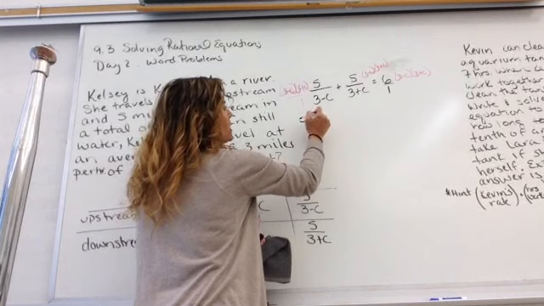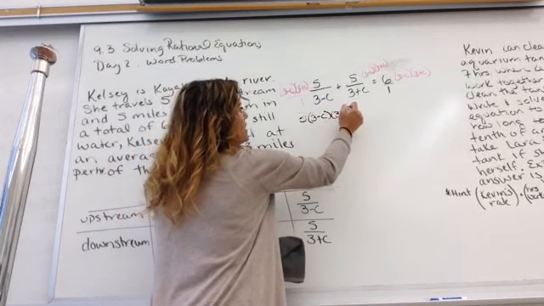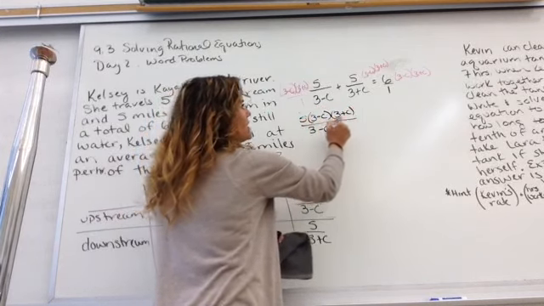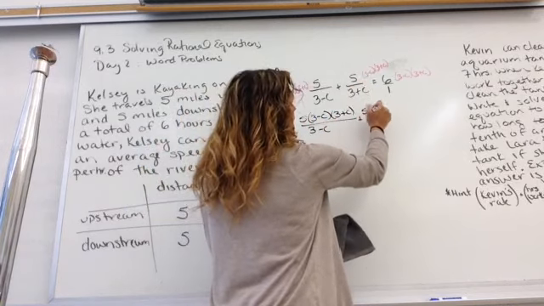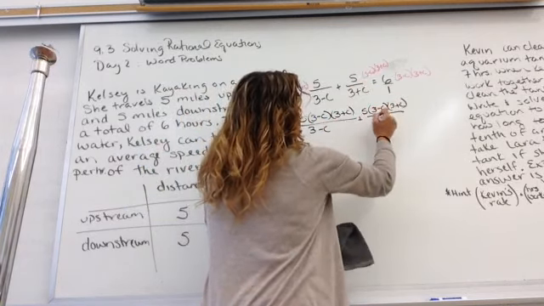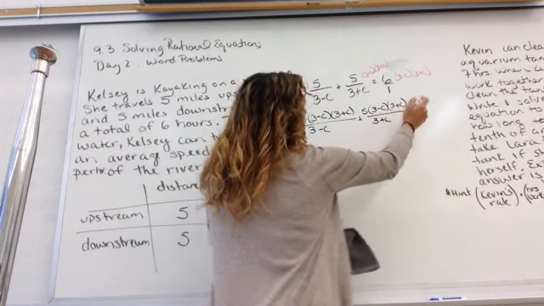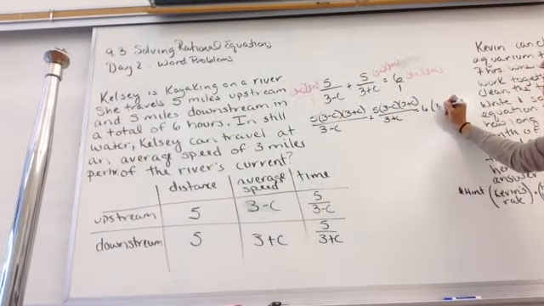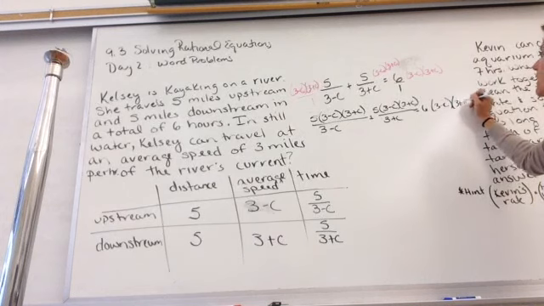So I'm going to move the 5 to the front. On the denominator, we have 3 minus c. Plus, on the numerator, 5 times 3 minus c, 3 plus c. On the denominator, we have that 3 plus c. And then we have 6 times 3 minus c, 3 plus c.